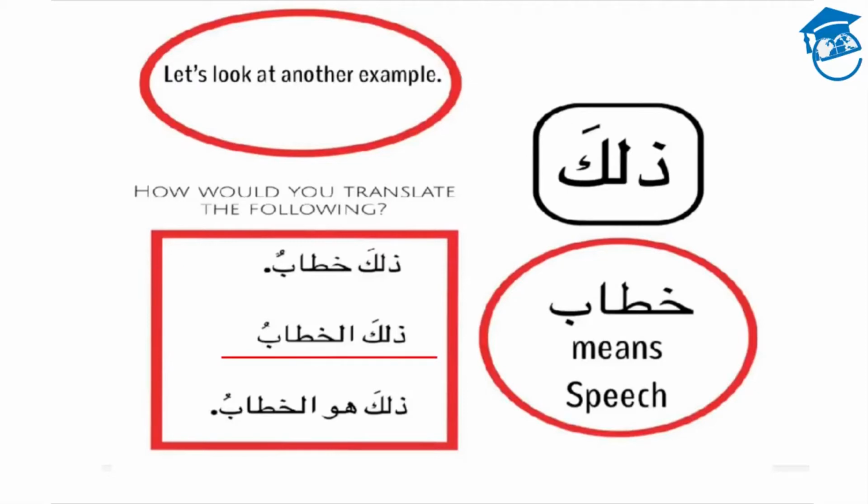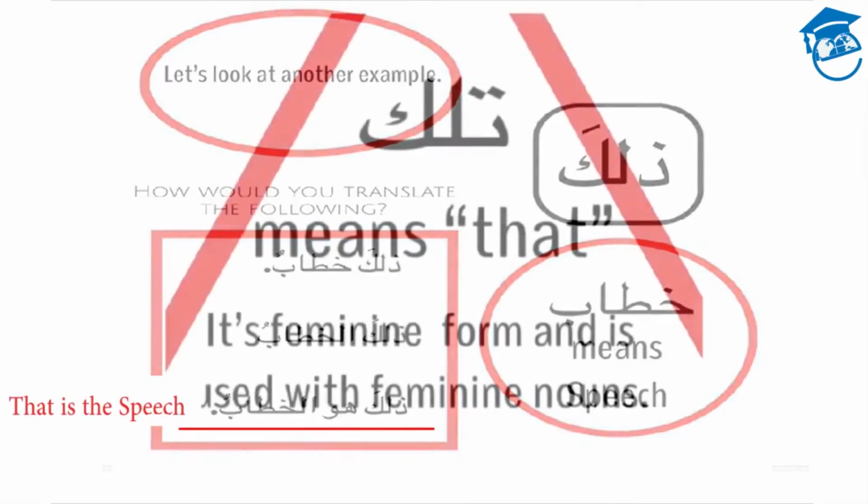Dhalika el-khitabu. Dhalika el-khitabu means that speech. It's a phrase. And finally, how would you translate dhalika huwa el-khitabu? Dhalika huwa el-khitabu means that is the speech.